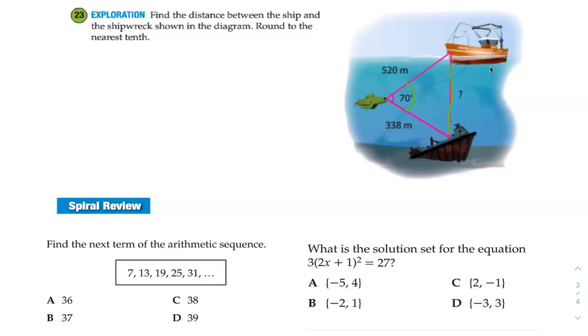If you write down the formula for law of cosines, it's looking for a side right here. Remember, the thing you're looking for is your C. So this is perfect.